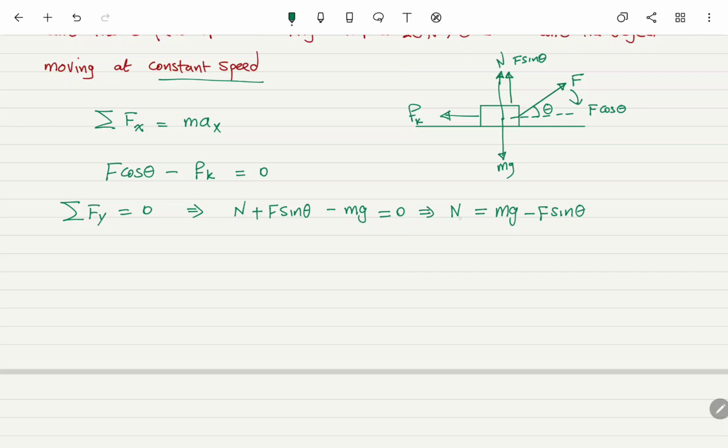Now you substitute this normal in Fk in this equation, and you will get F cosine theta minus mu k times mg minus F sine theta.